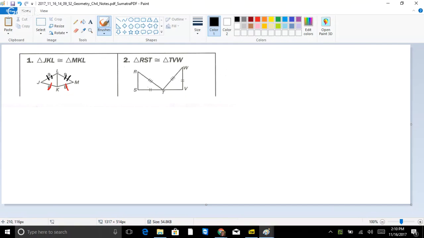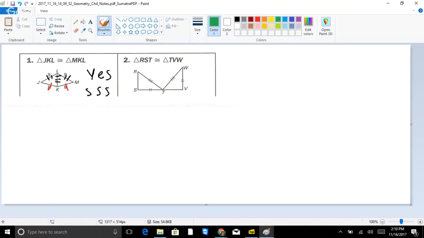And then they share one side in common, so obviously those are congruent to each other. Got 3 little lines in there. So now we have the 3 sides of each triangle congruent to each other, and we can say that, yes, this is true by the side postulate, SSS.